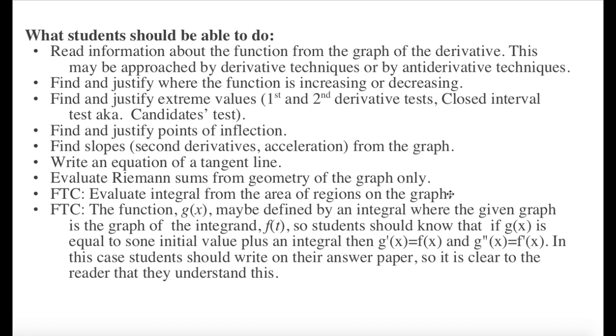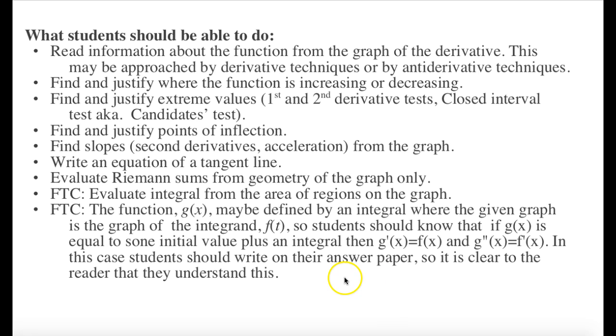Okay, we may have to use area of a trapezoid or triangle or semicircle, those types of things to find area under a curve. And we also looked at problems where functions were defined as the integral of some given graph, which is the same type of problem. Right? It's just saying, here's a graph of f, g is the antiderivative or the integral of f.